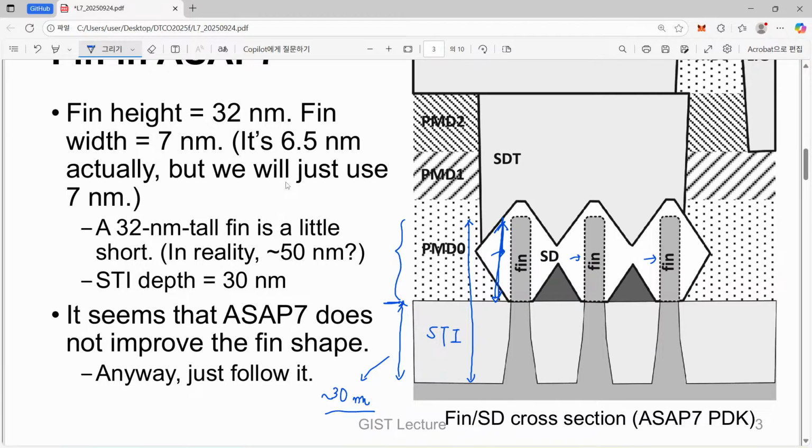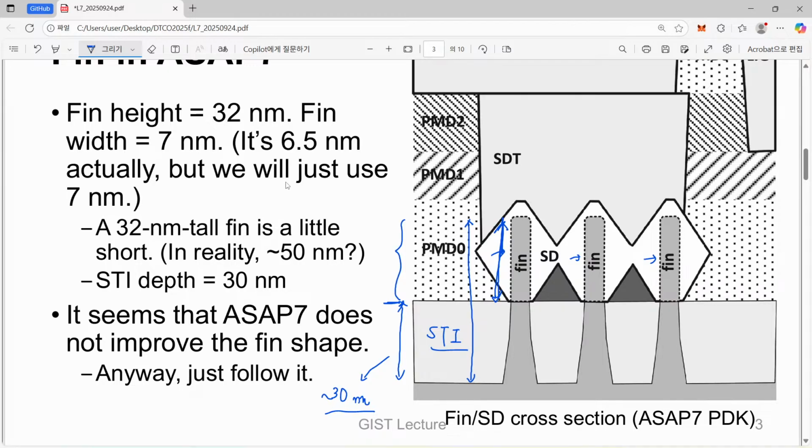So roughly speaking, we just make a certain height of fin structure, and half of it is filled with STI, and half of it is just exposed to the external world to be later covered by gate oxide.